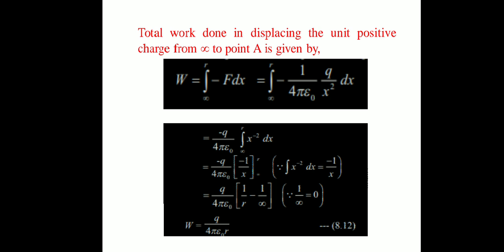So we have q divided by 4 pi epsilon 0 inside the bracket 1 upon r minus 1 upon infinity, bracket complete. 1 upon infinity is 0, so we have W is equal to 1 upon 4 pi epsilon 0 into q upon r. So this is the work done in bringing the unit positive test charge from infinity to a point A. Now this work done is considered as the electric potential due to a point charge.